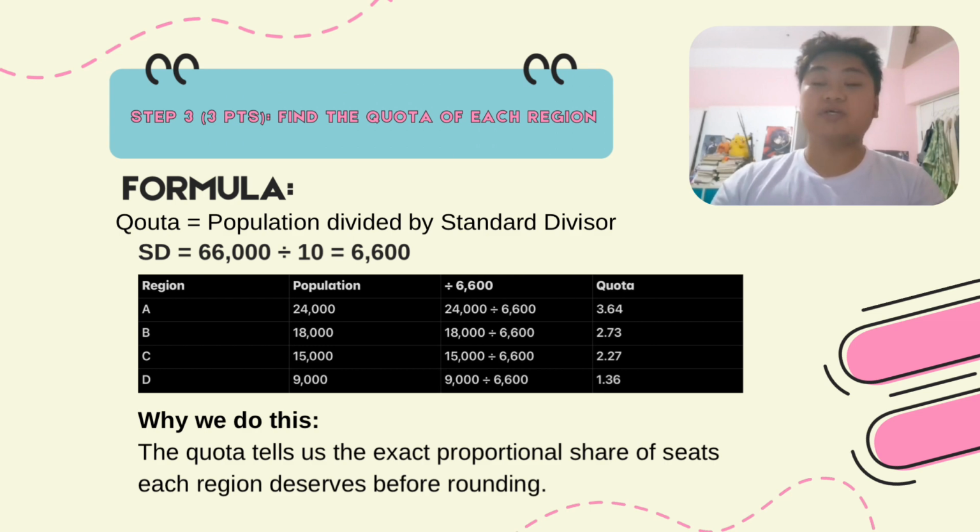For region B, it's 18,000 divided by 6,600, so the quota is 2.73. For region C, it's 15,000 divided by 6,600, so the quota is 2.27. For region D, we divide 9,000 by 6,600, so the quota is 1.36. So why do we have to do this? The quota tells us the exact proportional share of seats that each region deserves before rounding.